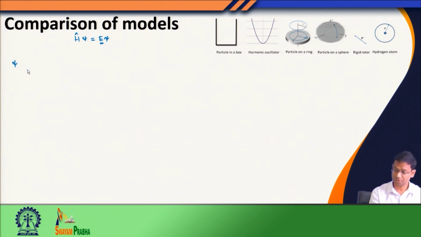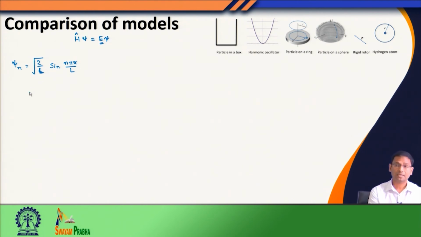So, for the wave functions of the particle in a box problem, we had the square root of 2 divided by L, times sin of n pi x divided by L, where we saw that the wave function is simply a sine function, and this term is the normalization constant.